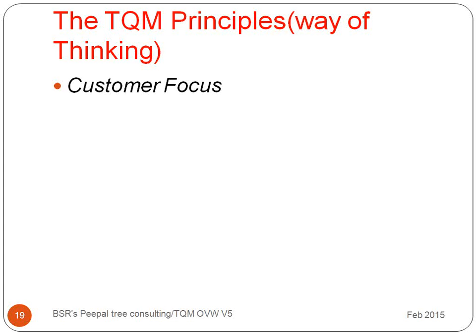First of all, if you look at TQM principles, we can call them a way of thinking. The word principle is used because it is such a strong word, which means that I don't give up these principles come what may.